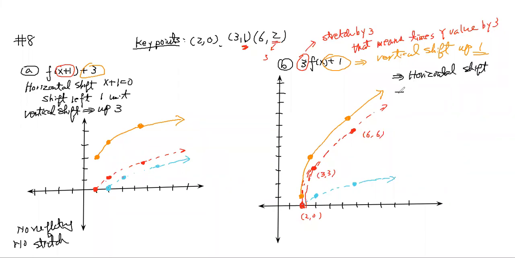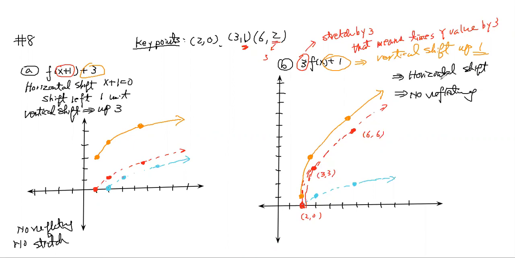Okay. And we do have a vertical shift, no reflecting, right? And now this one here, we do have a stretch, right?